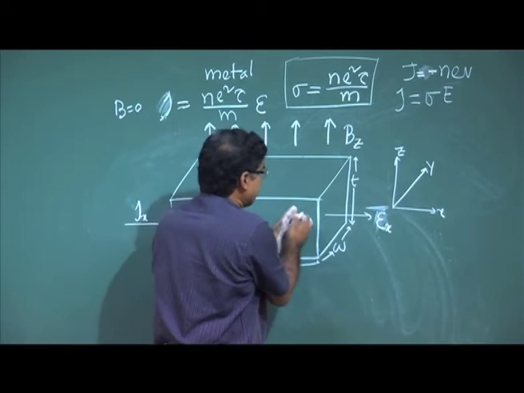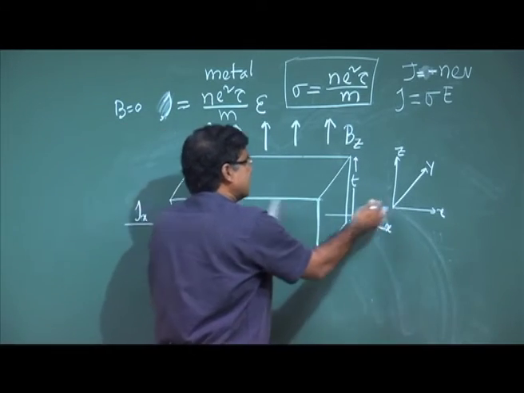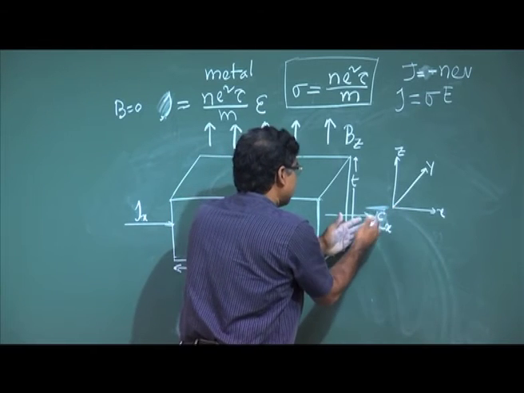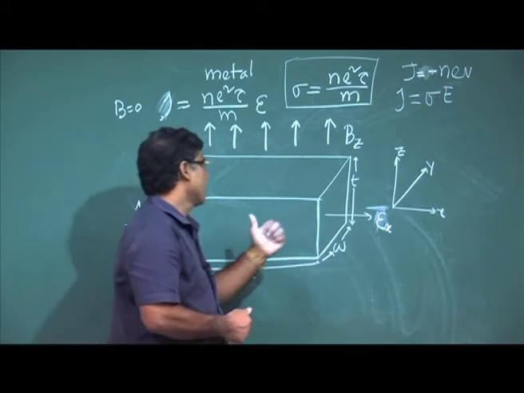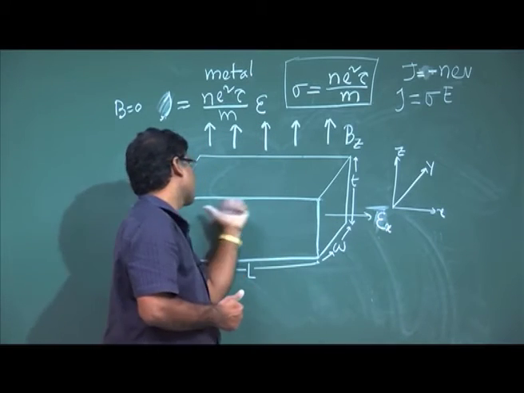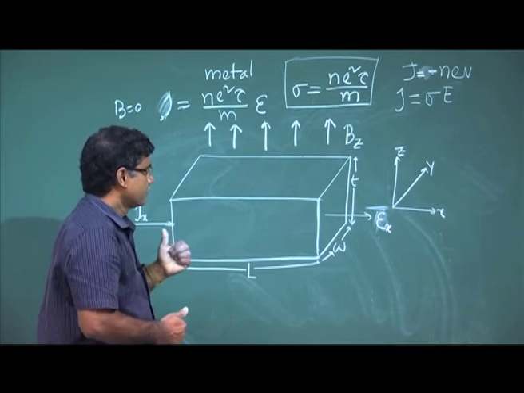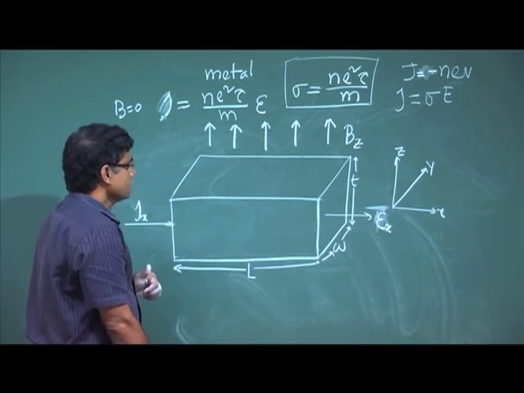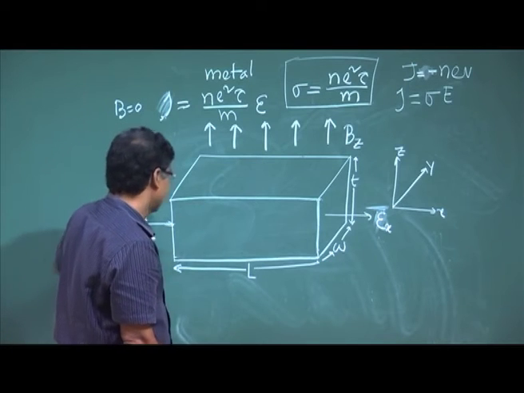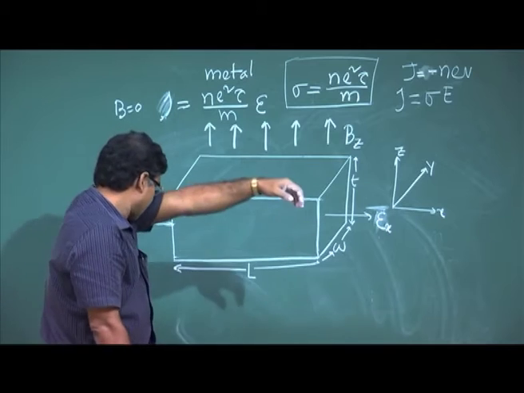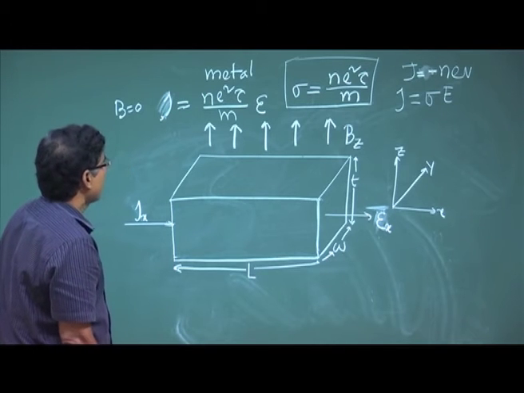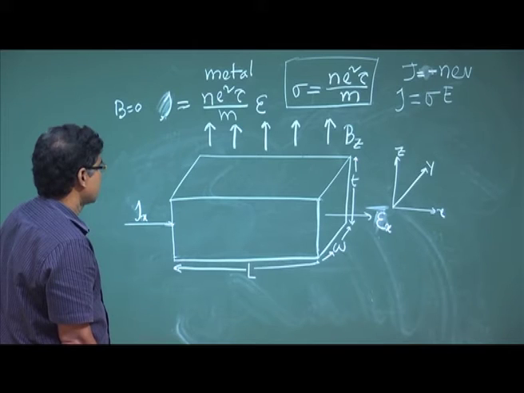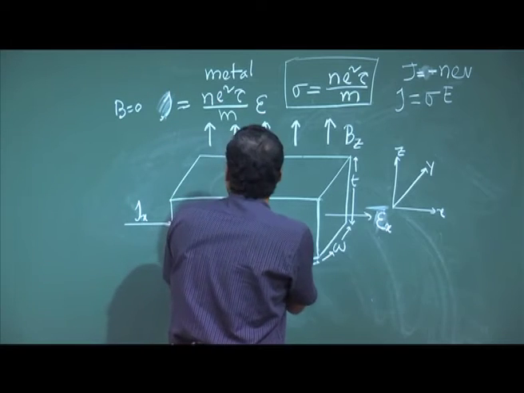In which direction are the electrons moving? If the electric field is in this direction, electrons, being negatively charged, will move in the negative x direction, but conventionally the current is taken along the direction opposite to the electron flow.